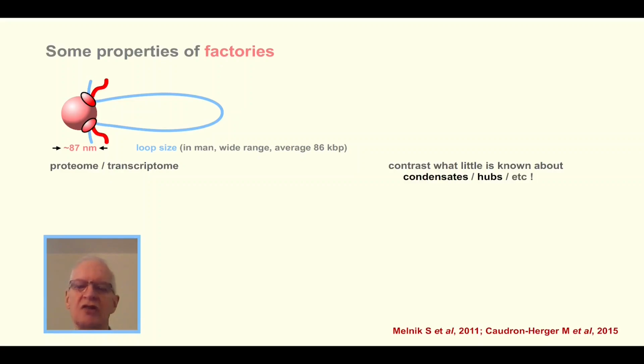So contrast this detail with what is currently still not known about condensates and hubs. For example, do they house a tiny fraction or essentially all of transcription, which we showed that factories did.